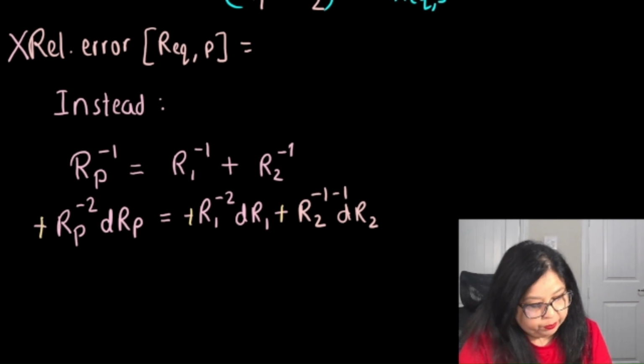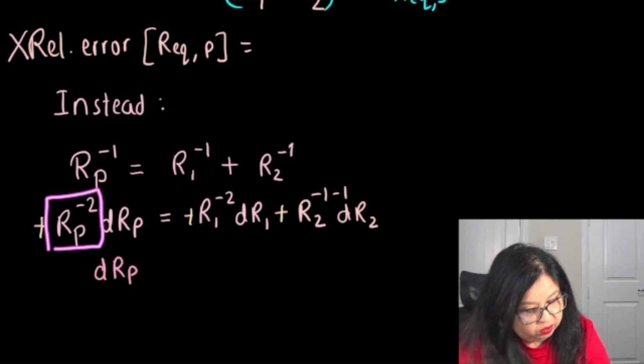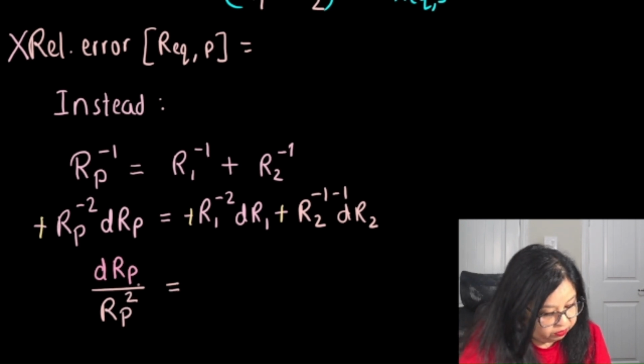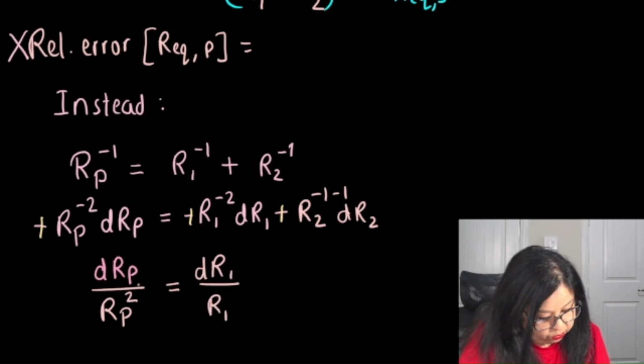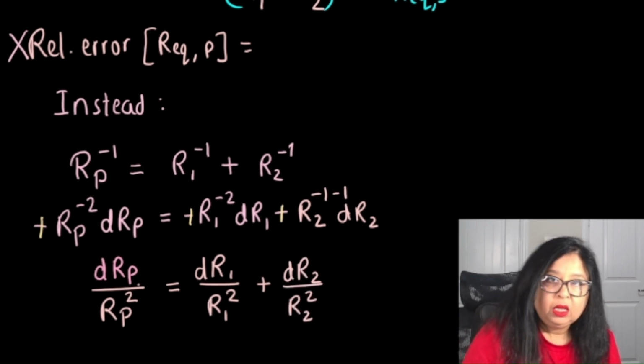What are you left with? You're left with dRp and this Rp to the power minus 2. Let's bring it downstairs. What does it become? dRp divided by Rp to the power 2 equals dR1 divided by R1 to the power 2 plus dR2 divided by R2 to the power 2.